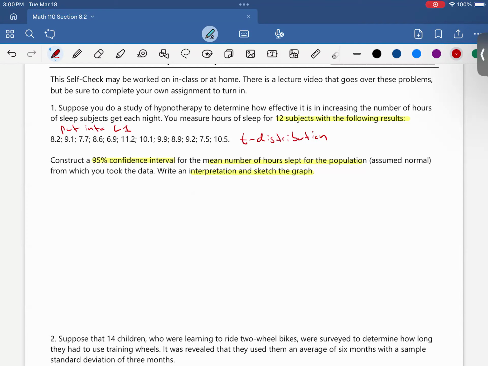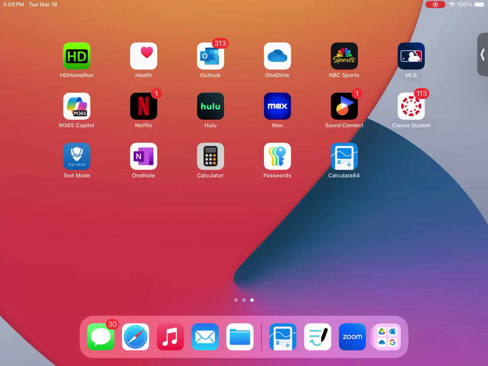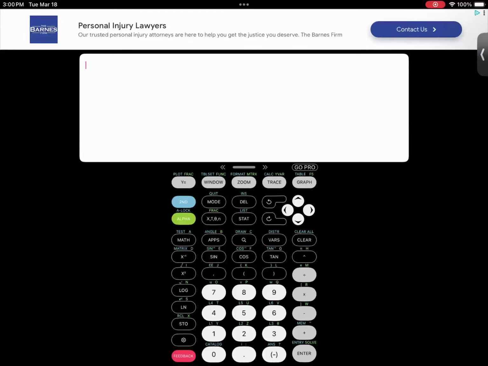So let's go to our calculator, go to stat and then edit, and put your list of data here. I already did, so go ahead and pause the video and put in all that data. Okay, welcome back. So hopefully you have put your data into list one. Let's move forward.